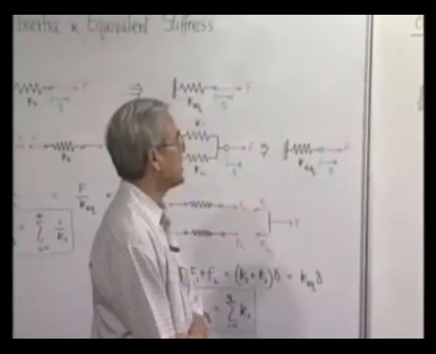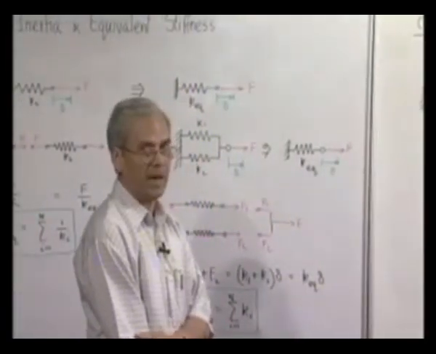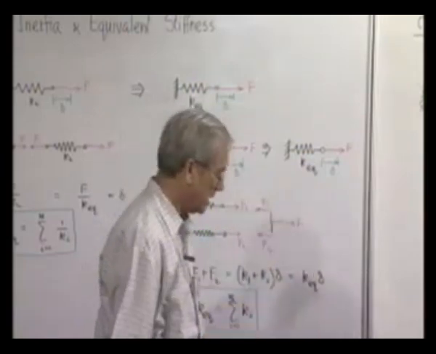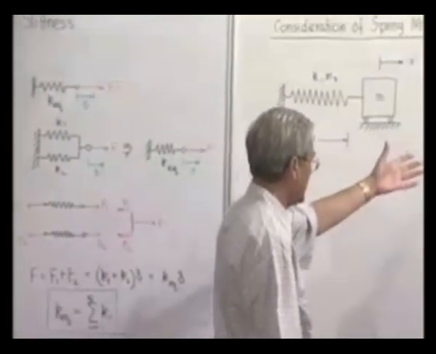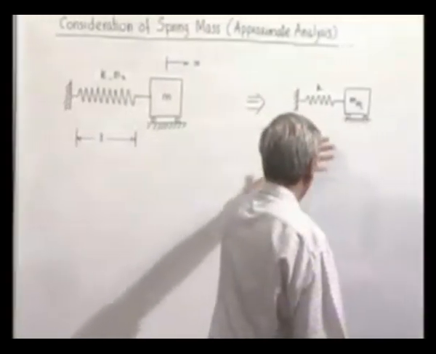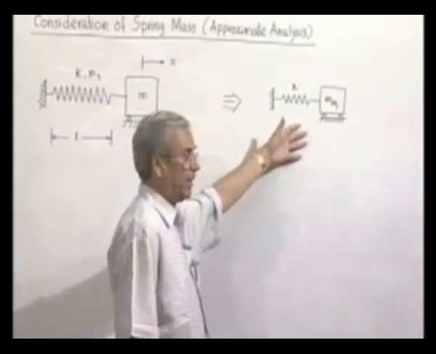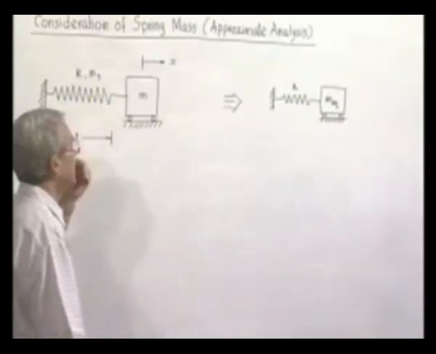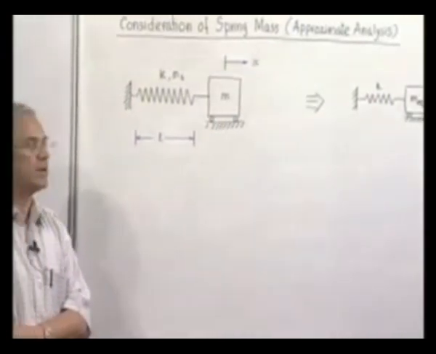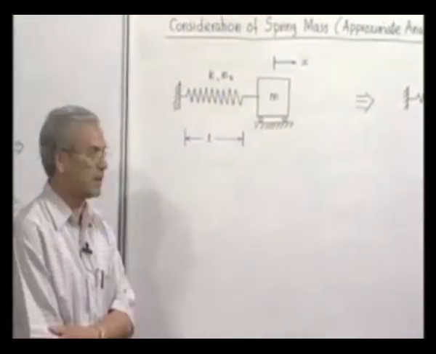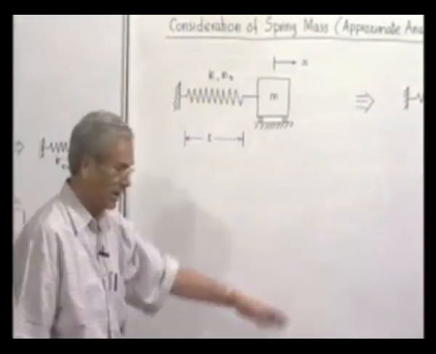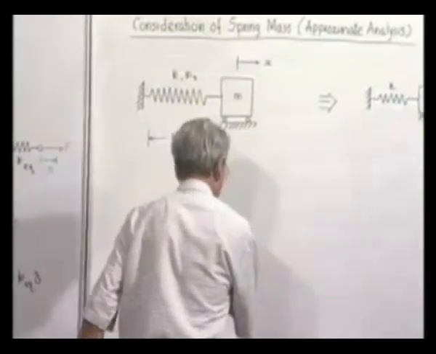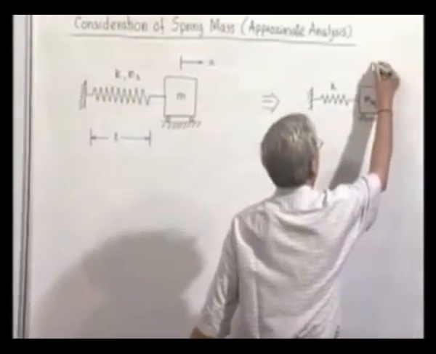And we will obviously use the same technique as before. We have already seen that the equivalent inertia is found by considering the total kinetic energy of the replaced system, or the equivalent system, to be the same as the total kinetic energy of the original or actual system under the same kinematic conditions, that is the same velocity. So, here also the equilibrium position is the same.